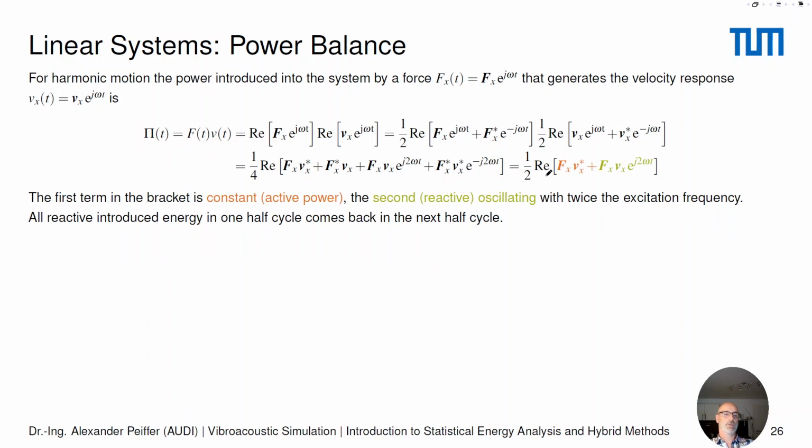an expression which gives us the real value of this term here, the red one, and this is the so-called constant active power. So this is where power is really introduced into the system. And the second, in this light green, is a reactive part. This is just oscillating. So here we will get a net power flow into our equation, and this will be reactive.